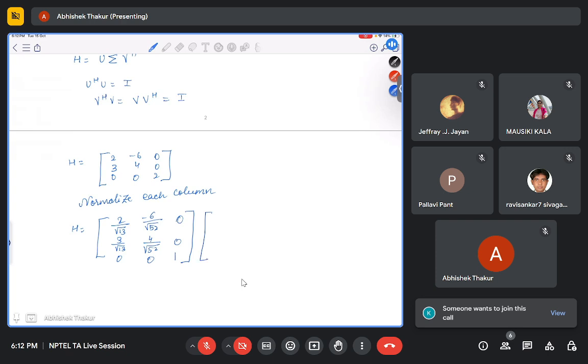Now after normalizing, we will multiply the factors to each column so that the multiplication gives again the same H matrix. So we'll multiply the second column of the U matrix by root 52, and the third column by 2.